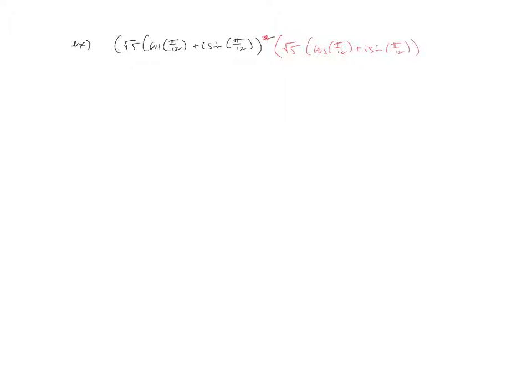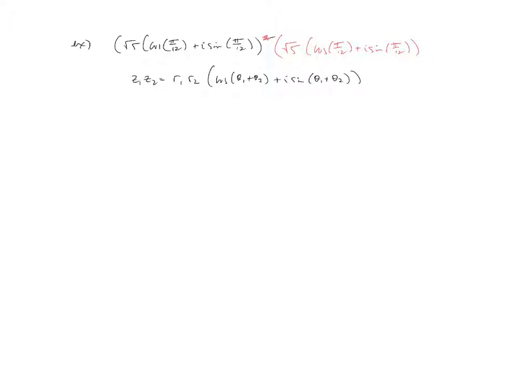And since it's a product, z1 times z2 equals r1 times r2 times cosine of theta 1 plus theta 2 plus i sine of theta 1 plus theta 2.